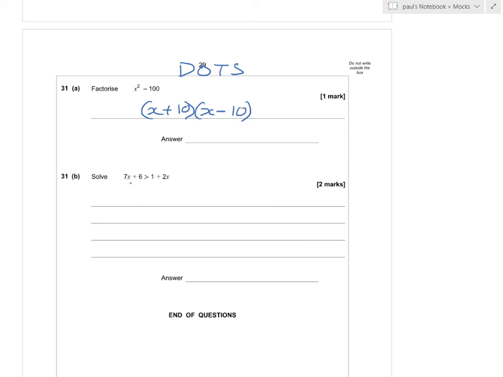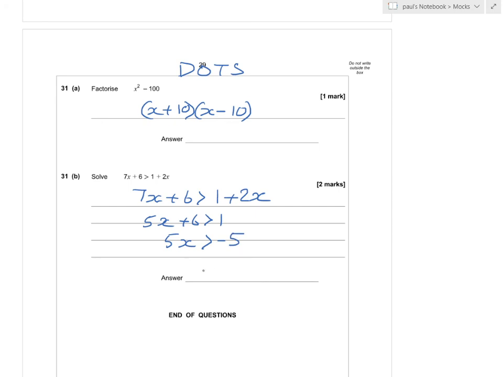And solve that. So we've got 7x plus 6 is greater than 1 plus 2x. Take away 2x from both sides. So we've got 5x plus 6 is greater than 1. Take away 6, 5x is greater than minus 5.